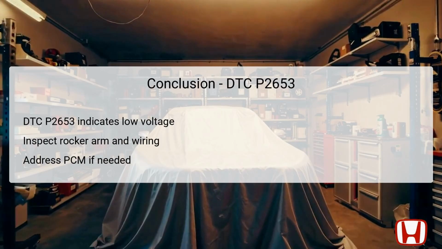By following a structured approach, it is possible to pinpoint the exact cause and rectify the problem effectively. Additionally, preventive maintenance is crucial in avoiding recurrence of this issue. Staying proactive with engine care ensures optimal performance and longevity for your Honda CR-V, aligning with both performance standards and driving experience expectations.